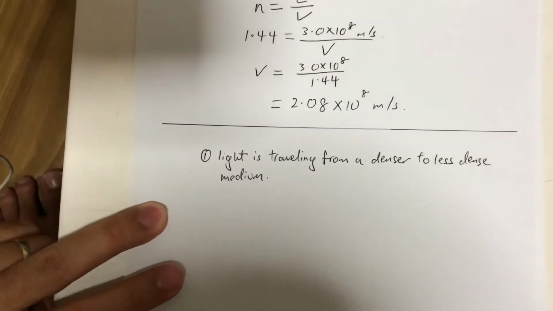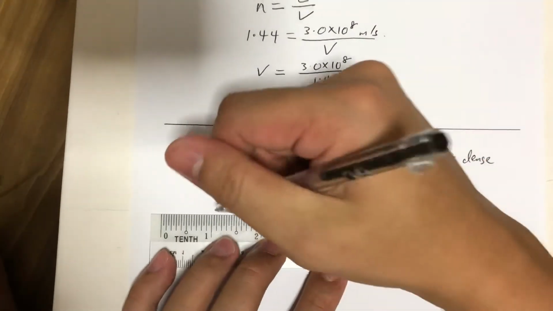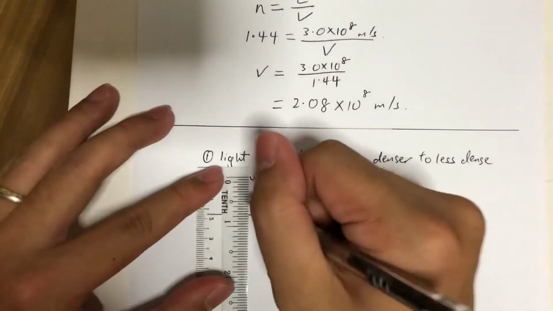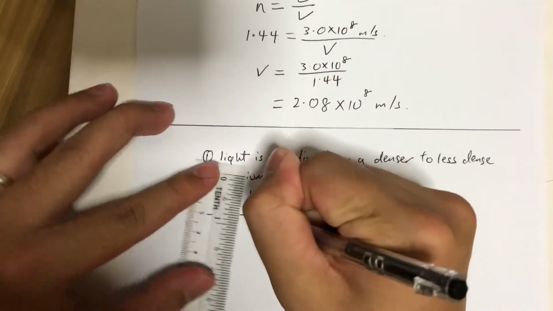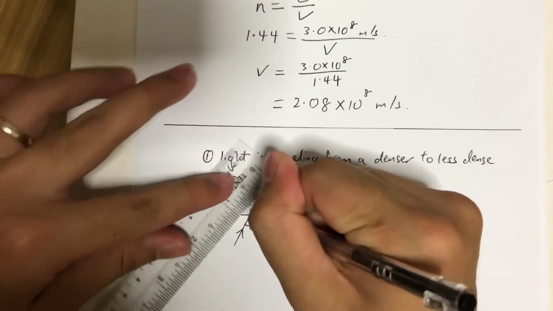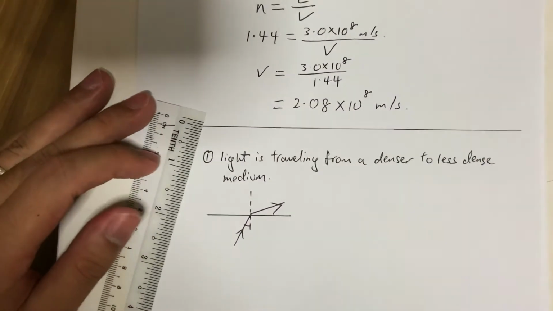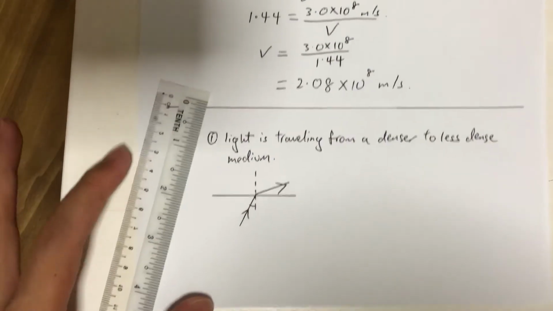Now, when such a thing is happening, we know that the light ray, when it's traveling from a denser to less dense medium, is going to bend away from the normal, like this.